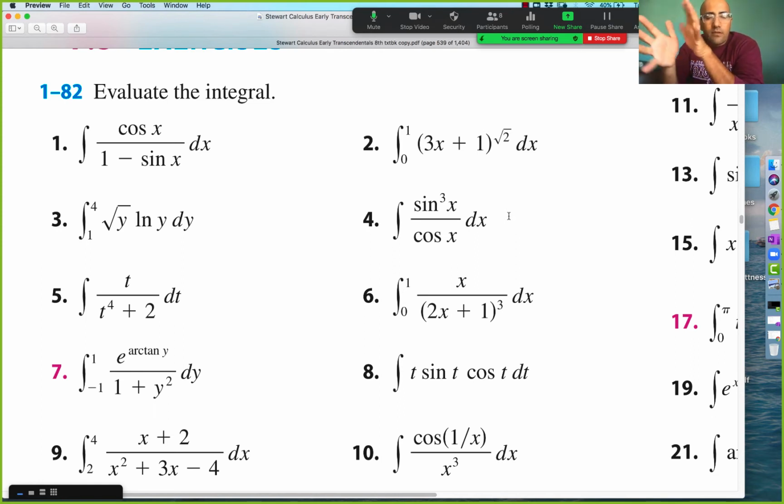Then we can separate it into two parts, one that has nothing but cosines in it, and then times sine x dx. And then that's when we can let u equal cosine, and its derivative would be sine, so we can do a nice u substitution there. Did that make sense for number 4? Or would you like me to do a little writing in there? That makes sense. Made sense? Good, good. Okay.